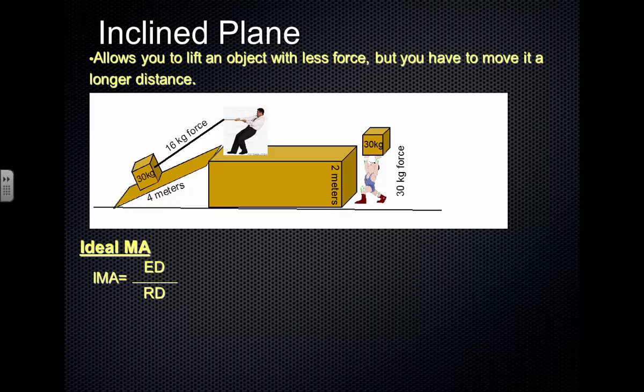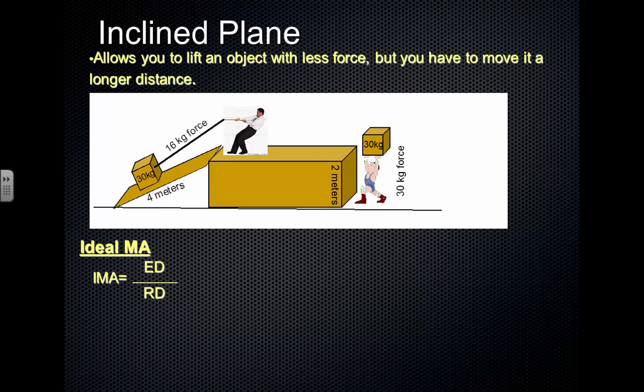So what would the effort distance be in using this simple machine? So again, it's a distance, so we're looking for a unit that has a distance with it. What is it, Nicole? Yeah, it's the distance you have to apply the force where you have to drag this weight 4 meters.